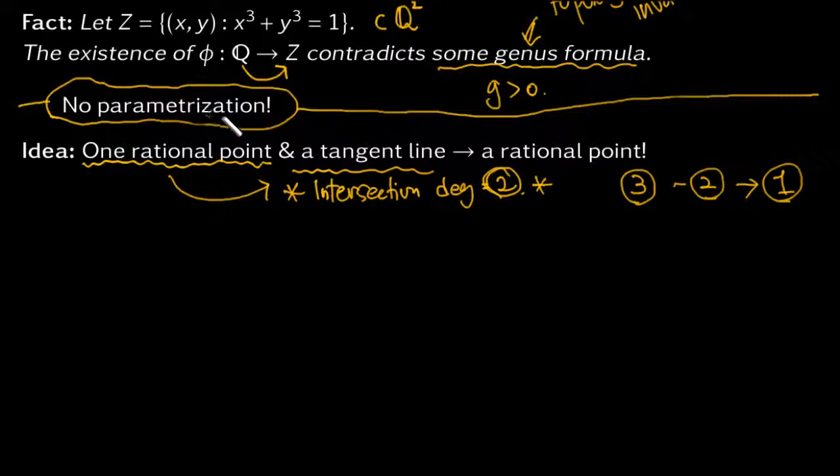So it's unclear what about the tangent line. How do we know that the tangent line has rational coefficients? But it turns out it does. It is a simple derivative formula applied to this formula in here, which has all rational coefficients. So the same phenomenon happens.